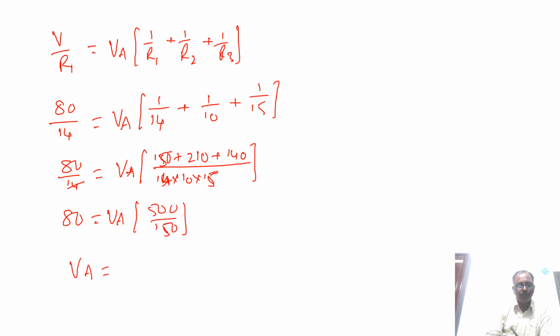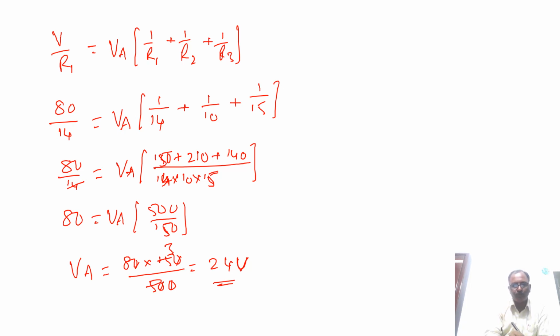Therefore VA equals 80 into 150 by 500, the zeros get cancelled, so we get VA as 24 volts.